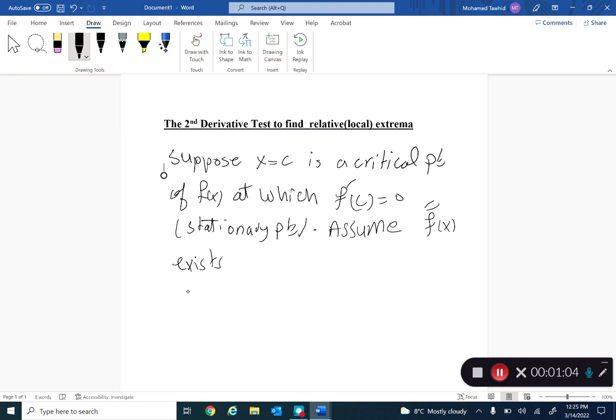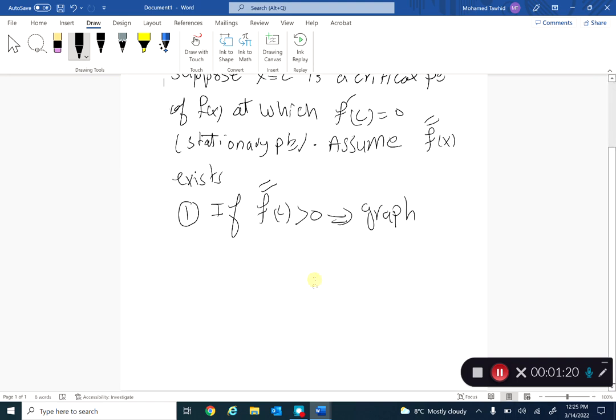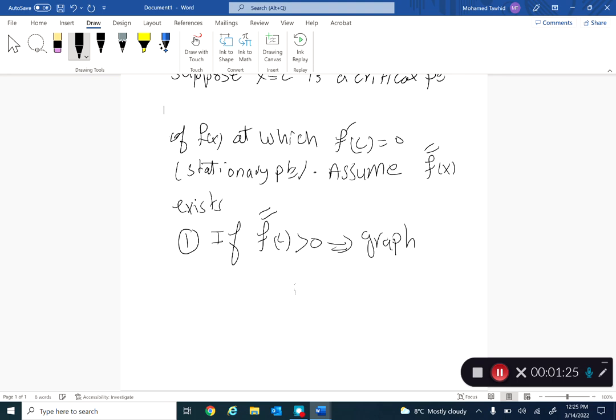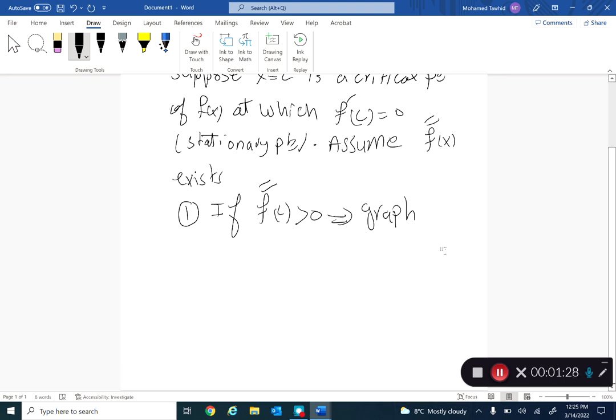So what does the second derivative test tell you? If your second derivative f double prime at c is greater than 0, then the graph of f of x is concave up.